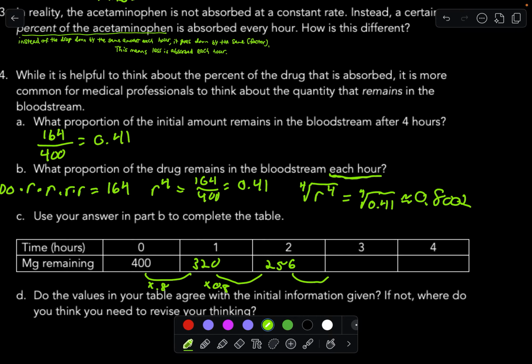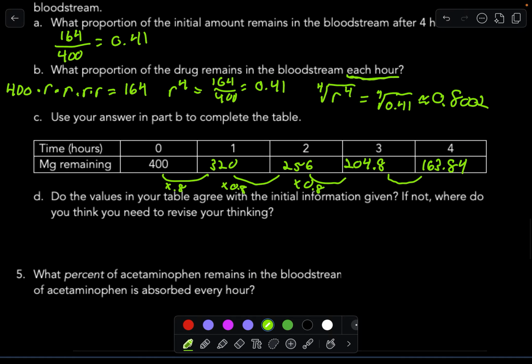We multiply by 0.8 again. Each hour, we multiply by 0.8. That will give us 204.8. And finally, the last time would be 204.8 times 0.8, which gives us 163.84.